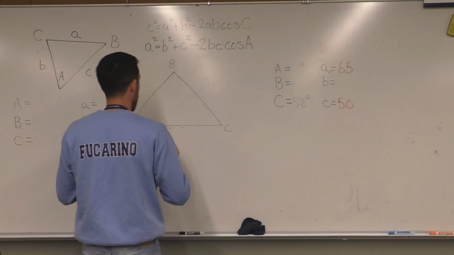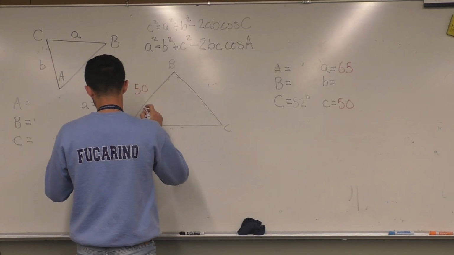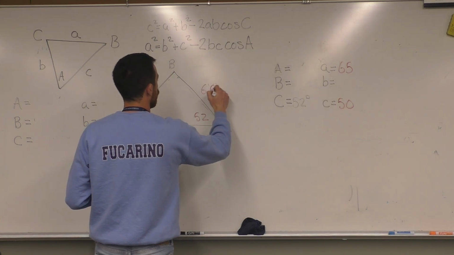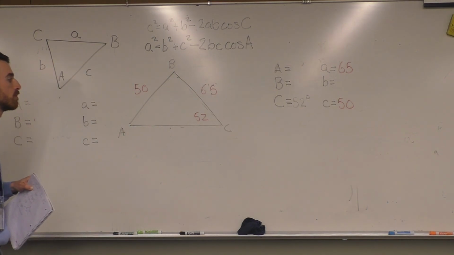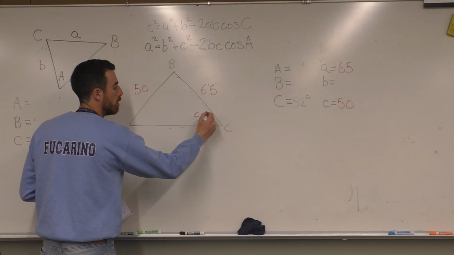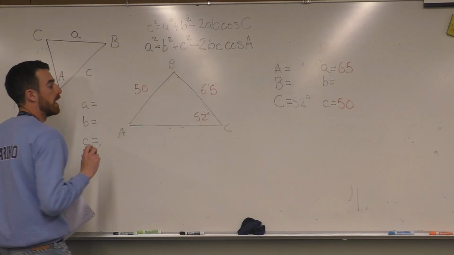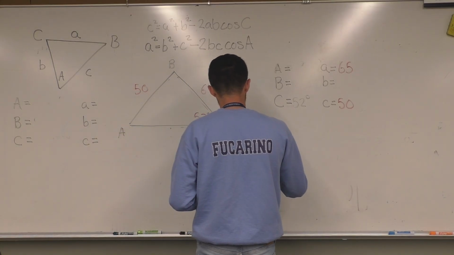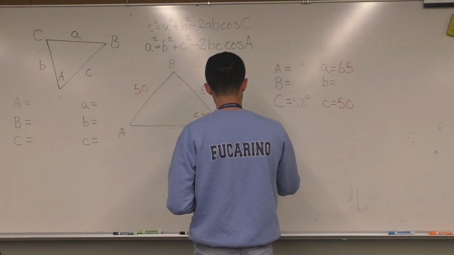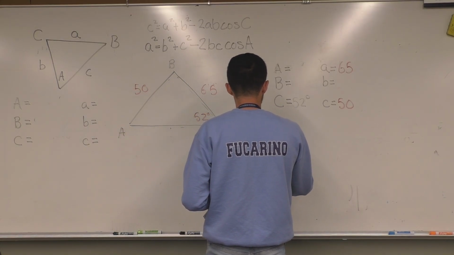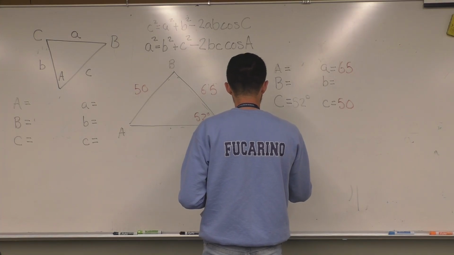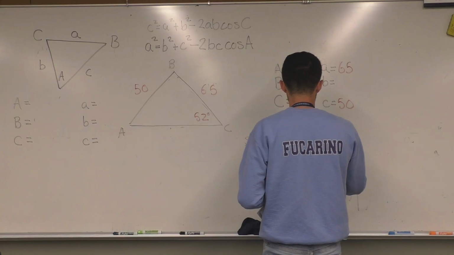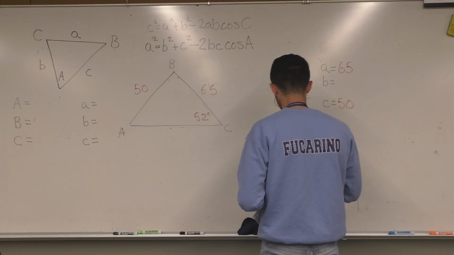Okay, so that would be 50 over here, 52 over here, and 65 over here. Angle, side, angle. Again, it is ambiguous potentially, but I would still use the law of sines. Sine of 52 over 50 is equal to sine of A over 65.